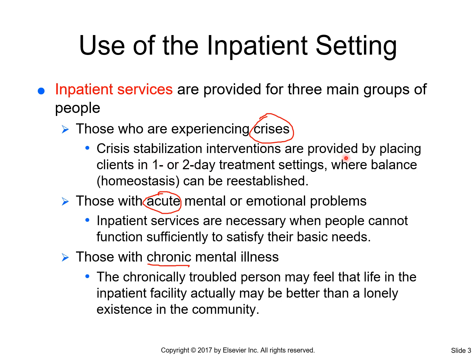This is providing the patient with a place to stay in 1 to 2 day treatment settings. The goal here is to stabilize the patient, to restore homeostasis. This is because of the crisis and we're trying to stabilize the patient.